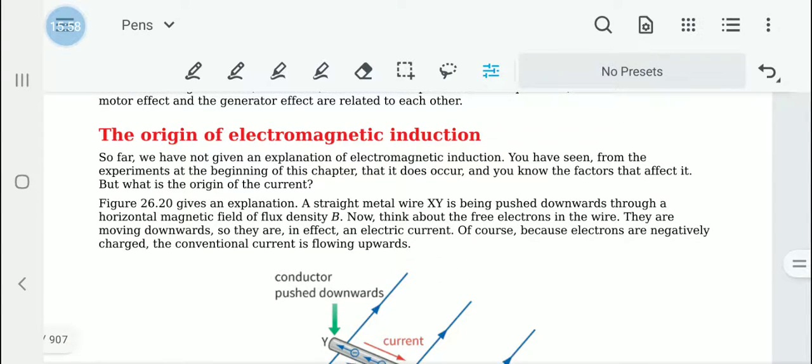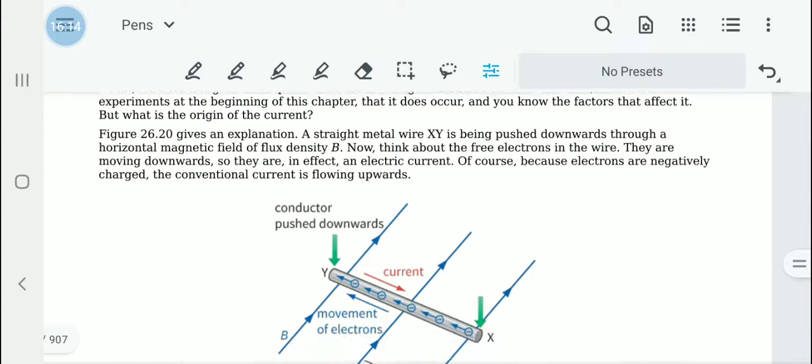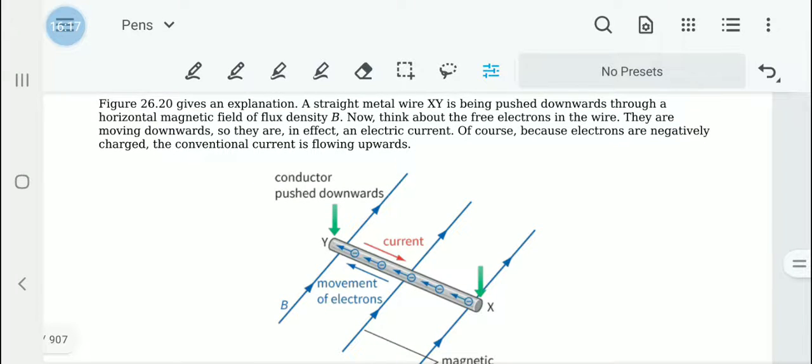The electromagnetic induction generates as a result of the movement of a conducting wire, along with free electrons in it, across the magnetic field of flux density B.